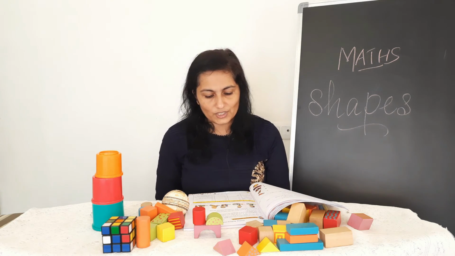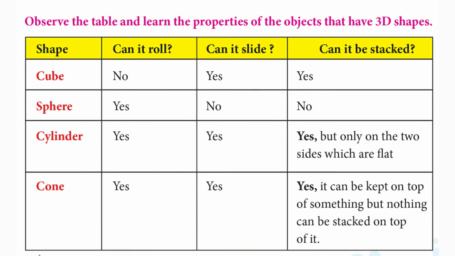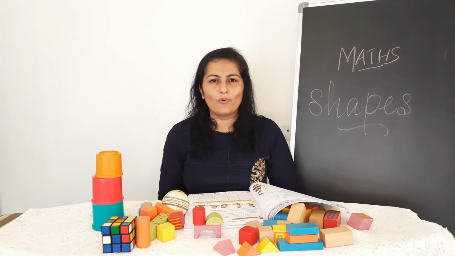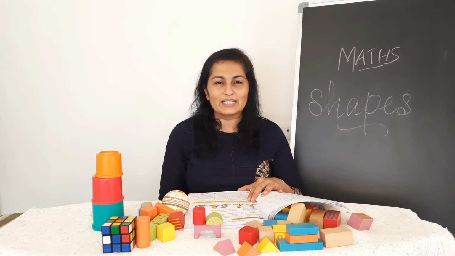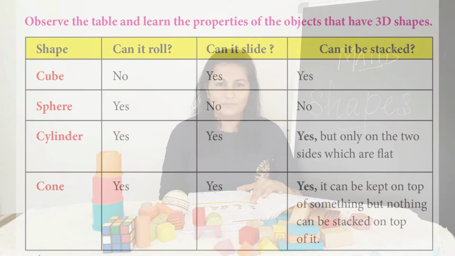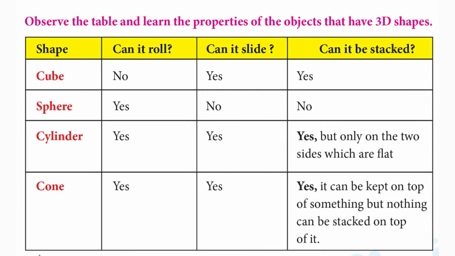Okay, moving on to observe the table and learn the properties of objects that have 3D shapes. Again, we are learning a little bit more about the properties of 3D shapes. So, cube. Can it roll? No. Can it slide? Yes. Can it be stacked?